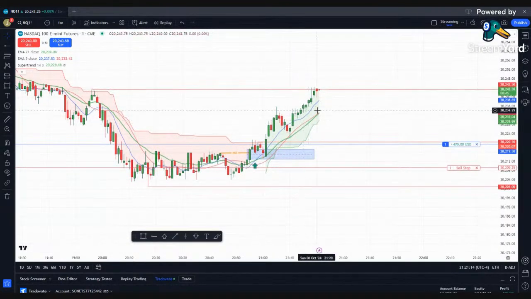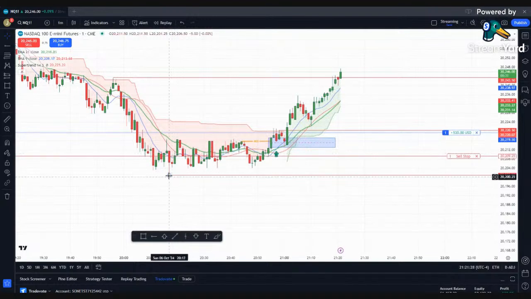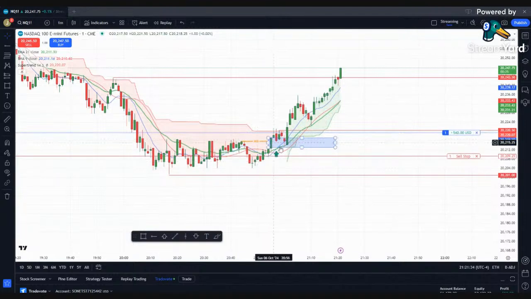If you follow the early exit rules, you can have a good profit even though the market consolidates in this range, like 20,200 to 20,250, which is still profitable. But if the market is consolidating on a very minimal move, meaning no players in the market, just don't trade that, because you will not earn anything from this movement.